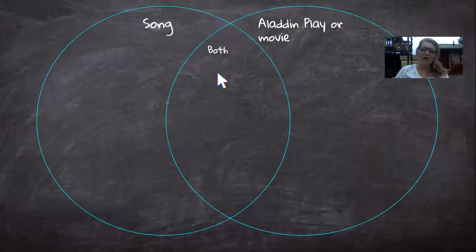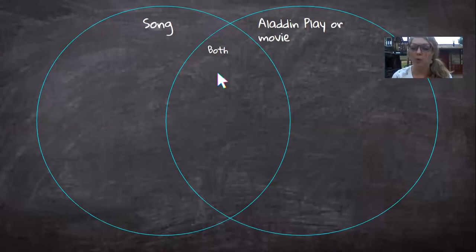Okay? So what you can do is go ahead and pause the video at this moment and take just a couple minutes and jot down some of the things that you noticed about the song and that you noticed about the play, or maybe what you noticed about both. If you see the similarities between both first, go ahead and write it in that category that says both.